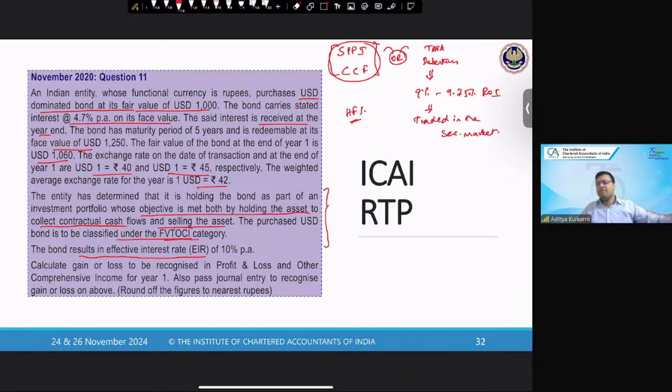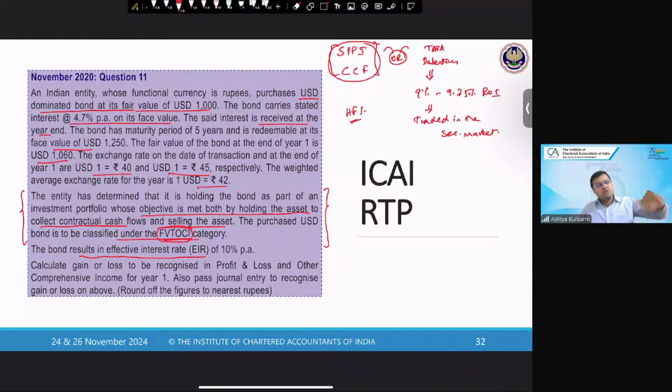So when you do your financial instruments, you will do all this in detail. But right now, for my discussion, I had to explain to you that this instrument's fair value movements, where will it be recorded, in the P&L or OCI? Sir, OCI. OCI means fair value through other comprehensive income.